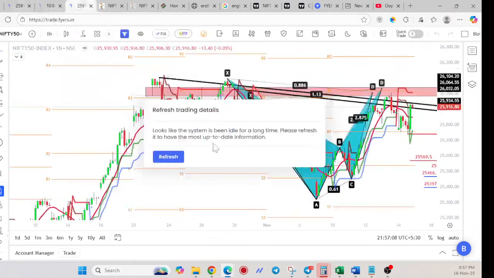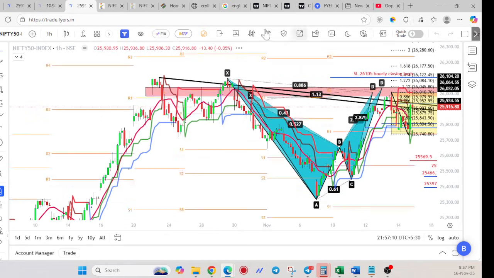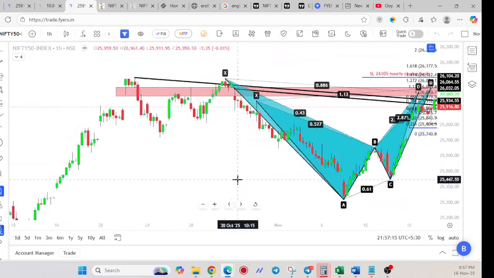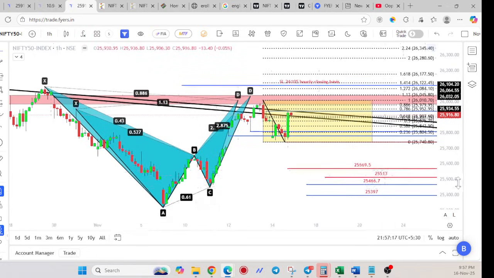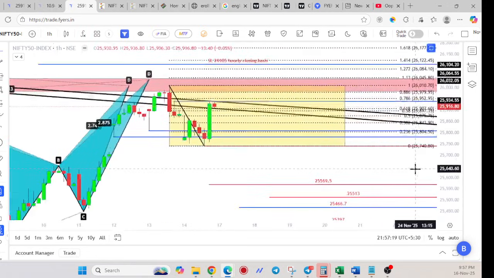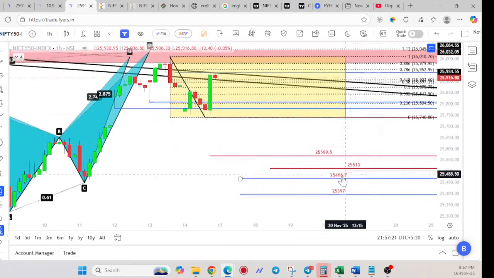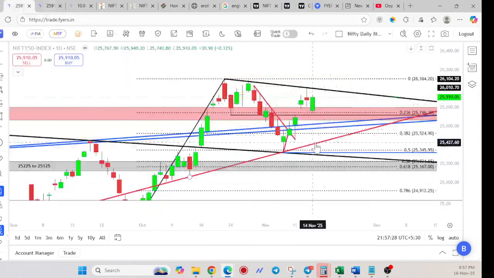Okay, let me open it here. 25,466. So this is what the chart is telling us. This is what the data is telling us.